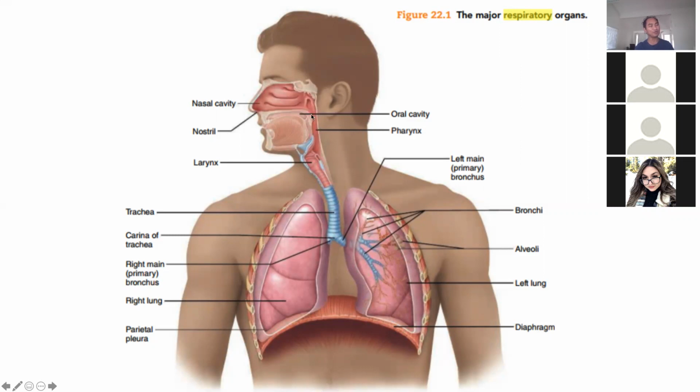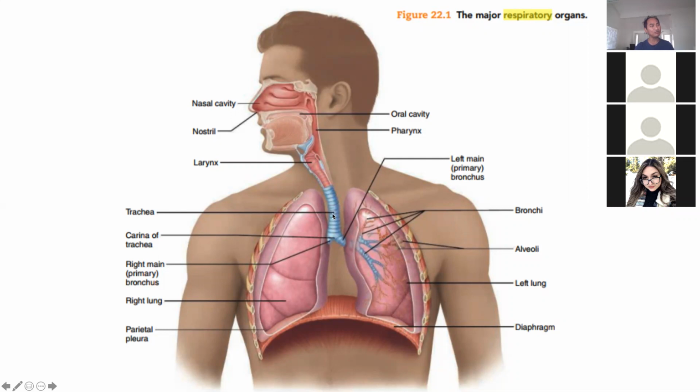The air we breathe in has to go through the nasopharynx, oropharynx, and laryngopharynx. And finally, we go into the larynx. And the larynx is what we call the throat. And then from the larynx, it will lead into the trachea.